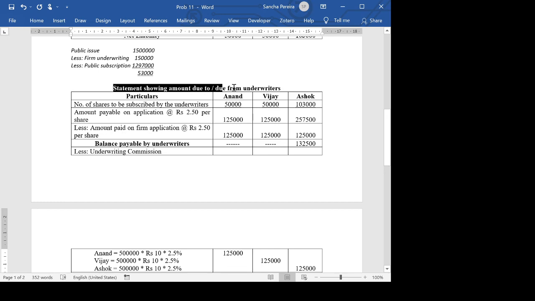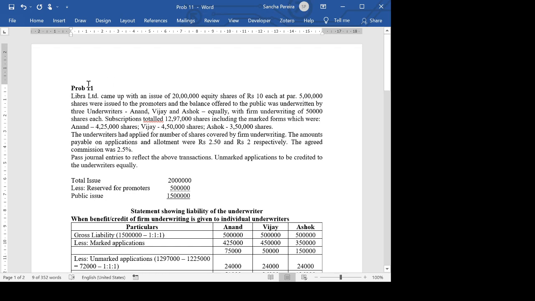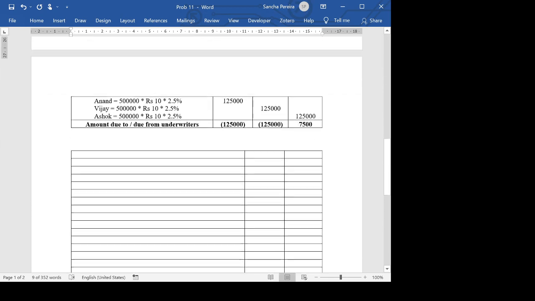Journal entries in the books of Libra Limited. I think that's the name of the company. Journal entries in the books of Libra Limited.